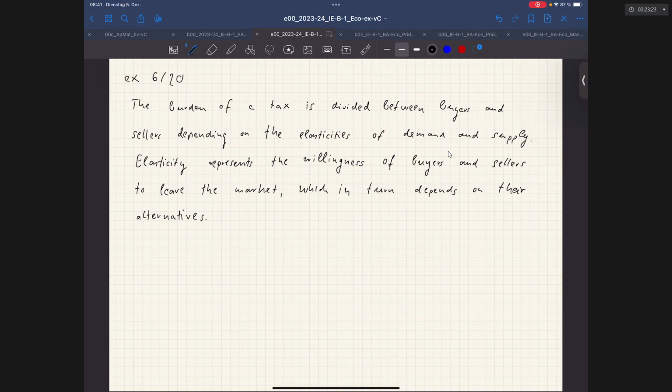Okay, now last sentence: when a good is taxed, the side of the market with fewer good alternatives cannot easily leave the market.